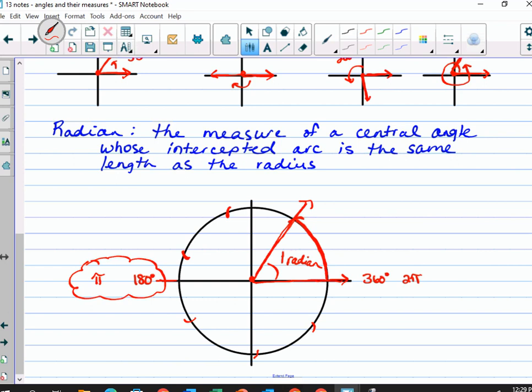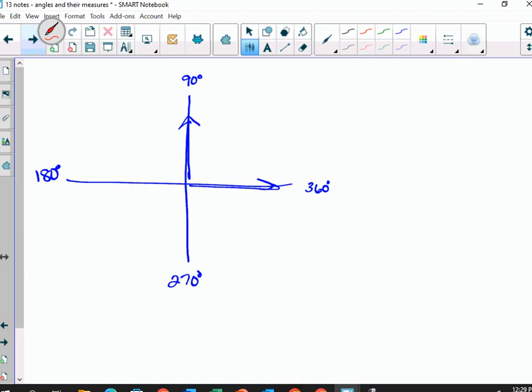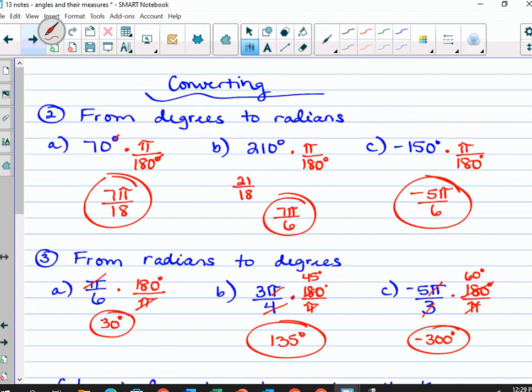There's no little symbol for radian like there is with degrees, but they are equivalent to each other. It's like saying 1 foot is 12 inches. 180 degrees is pi radians. Okay? We're going to use that when we do some converting. That is what we will do next.